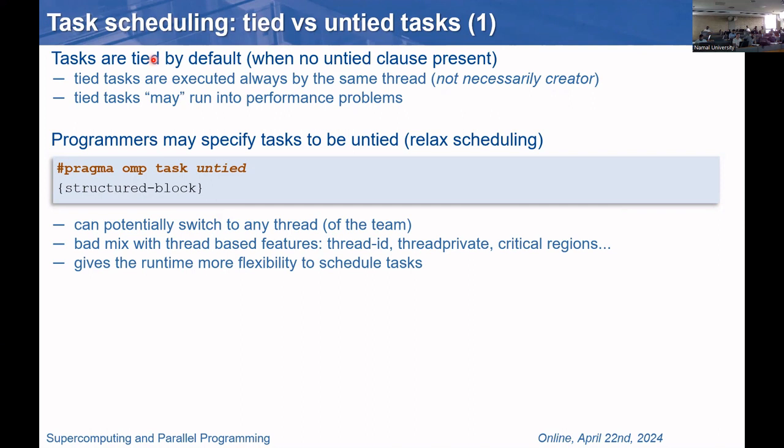When you have a parallel for, the iteration that is started in a thread ends in that thread. It doesn't move.